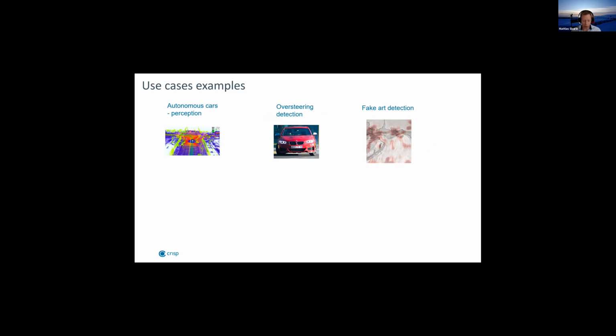I'm going to pull up a couple of use cases of how AI is already being used. Everything from autonomous cars, perceiving what's happening around the car. Is this a pedestrian? Which way is the pedestrian walking? Is it going to cross my path? AI is already used for things like this. It's also used to detect fake things, like fake art.